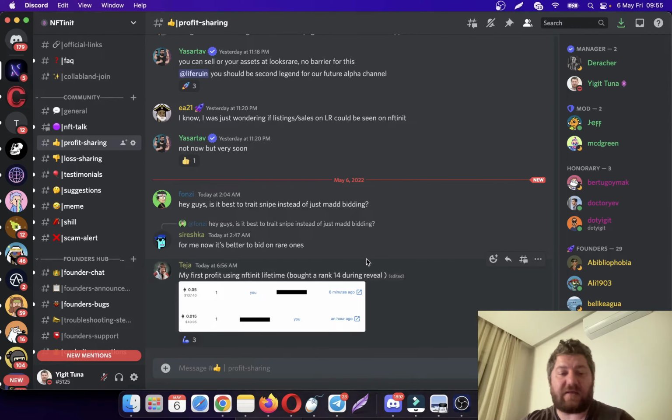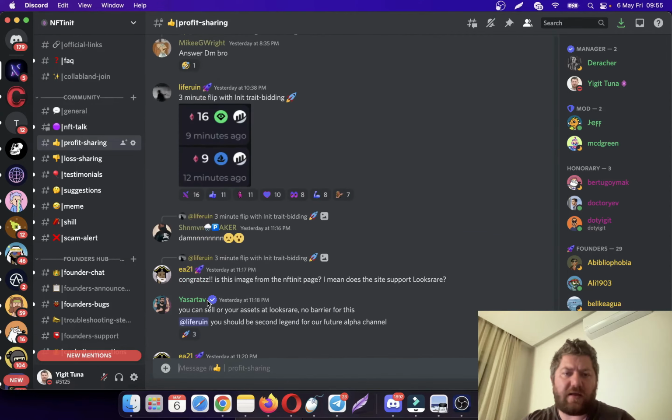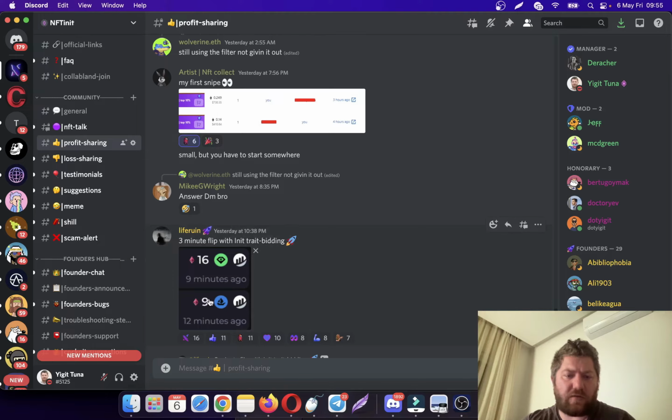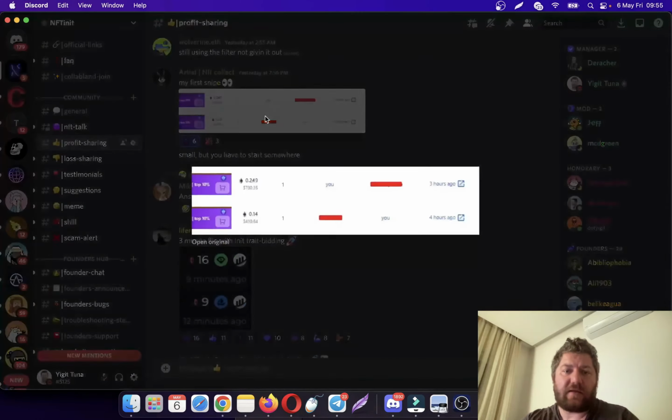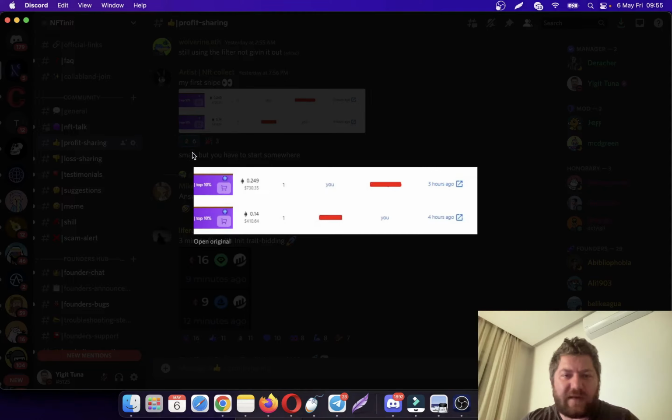As I mentioned in our Discord, for instance, this is this person's first profit. This one is not bad actually. And then, oh, this one is huge. 3 minute flip with bids. Well, this is kind of crazy. There is a lot of profit here. You see, when people are first starting, he said it's my first snipe.